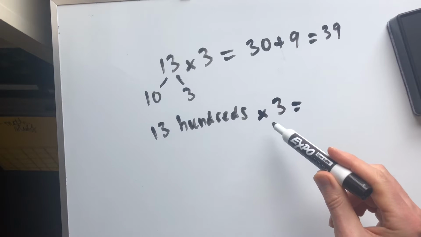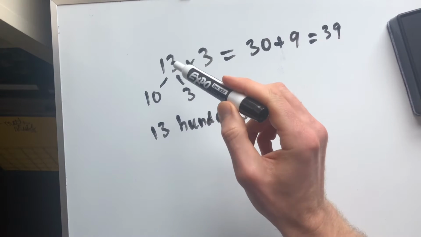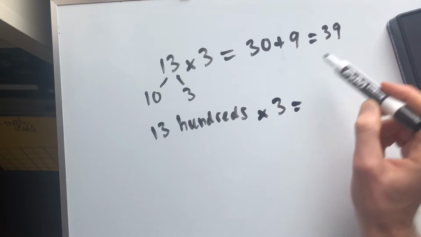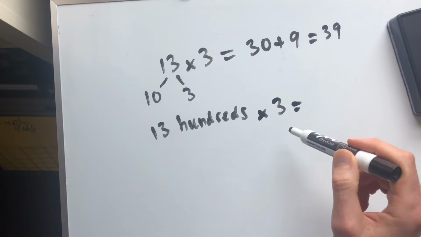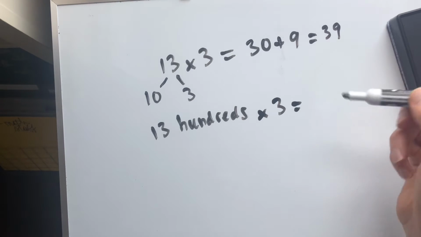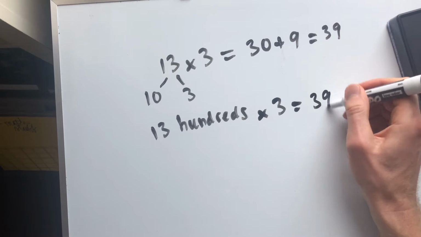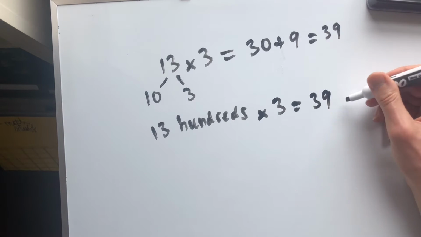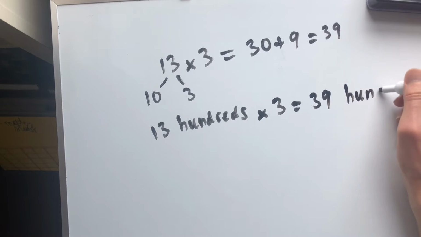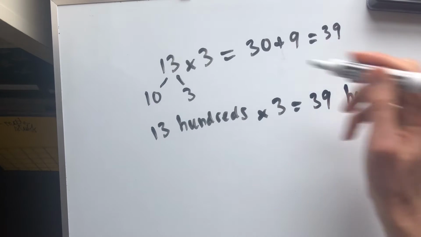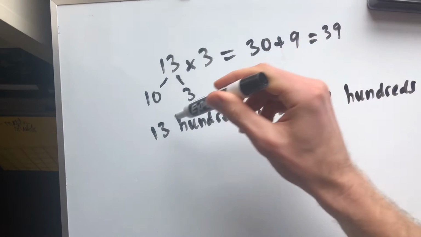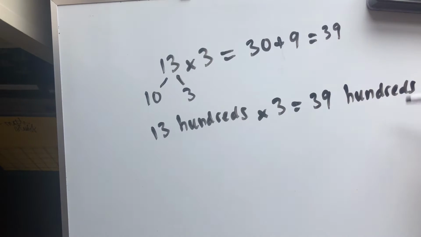Well, at this point, you've already figured out what 13 times 3 is: 39. So 13 hundredths times 3 is just going to be 39 hundredths. Right? 13 times 3 is 39 ones. 13 hundredths times 3 is 39 hundredths.